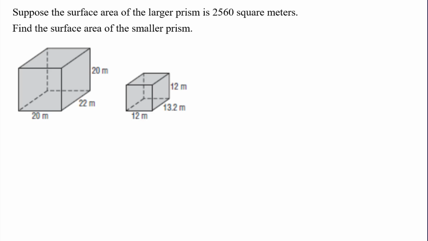Find the surface area of the smaller prism. As we look at this, they give us an area of the larger prism. Larger is important. And then they give you a bunch of measurements down on the bottom here. Now notice they give you 3 measurements. There's no question of whether these are similar objects or not. They tell you that they are similar.